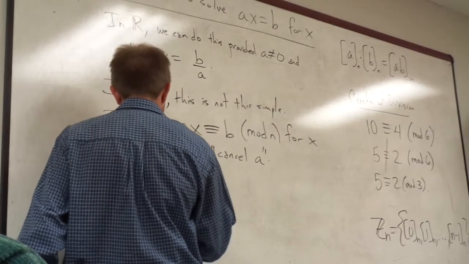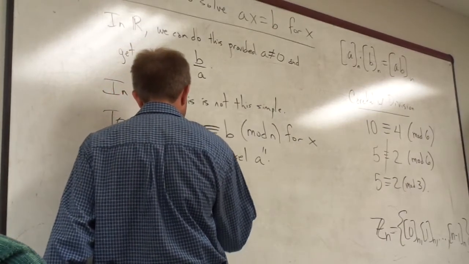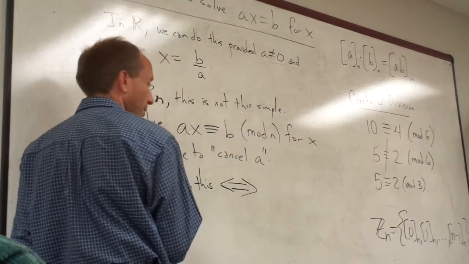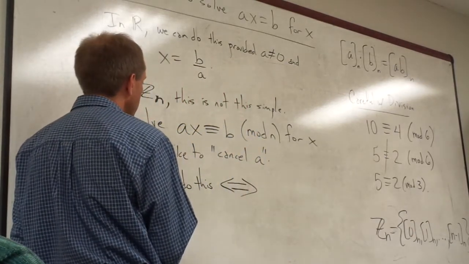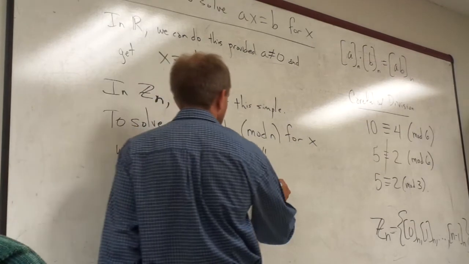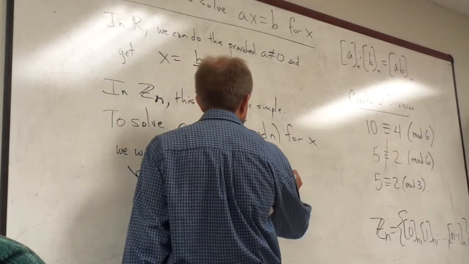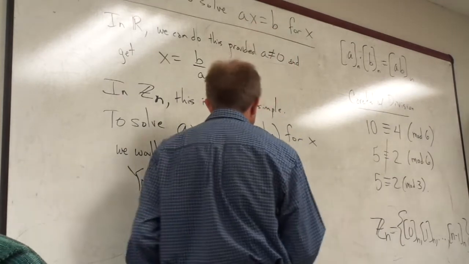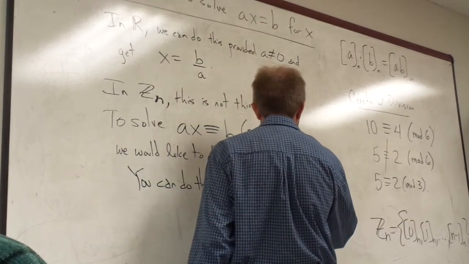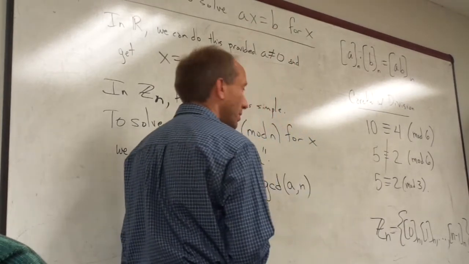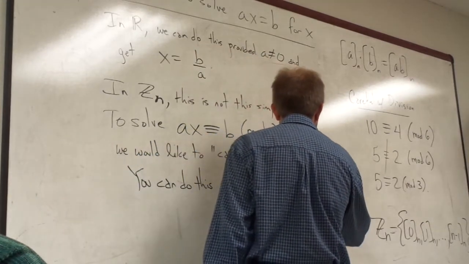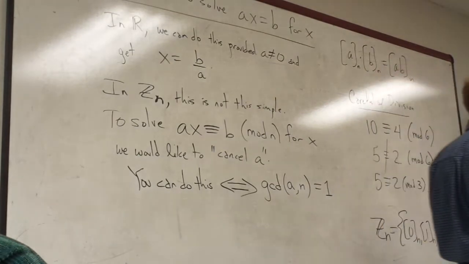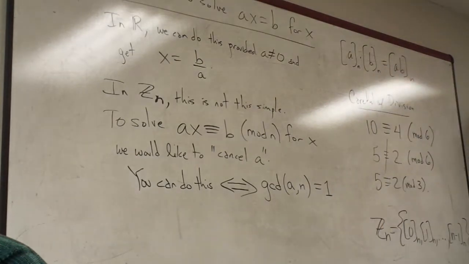You can do this if and only if you can cancel the a if and only if the GCD, do you know what that means? Greatest common divisor. The greatest common divisor of a with n is equal to 1. In other words, the two numbers have to be relatively prime. That's what that's called.